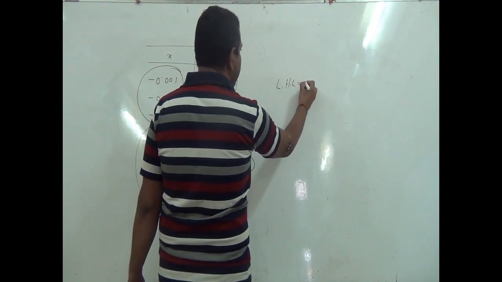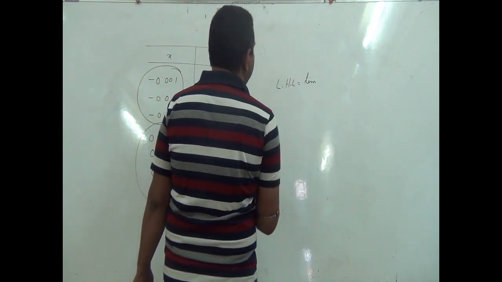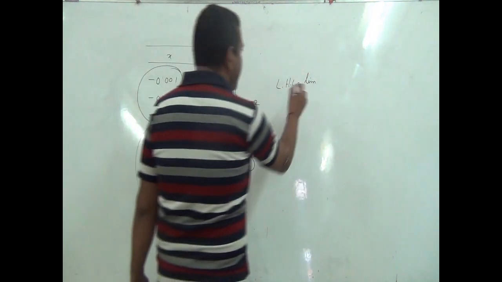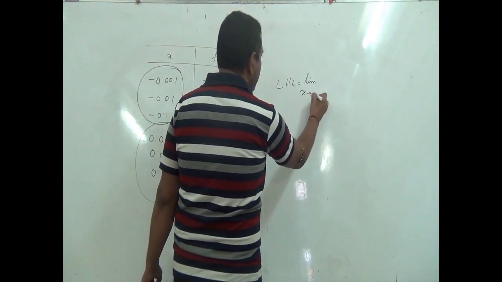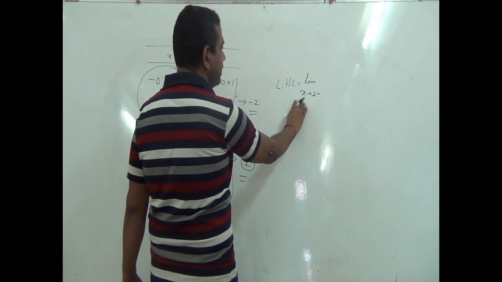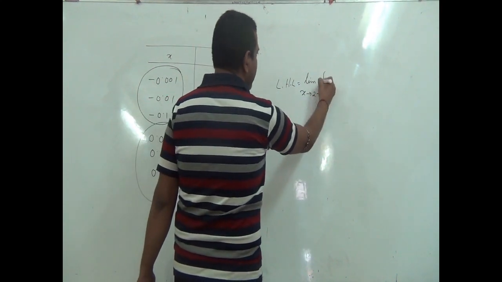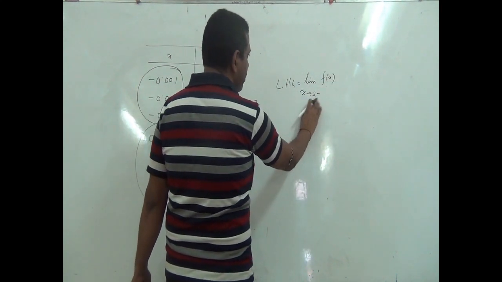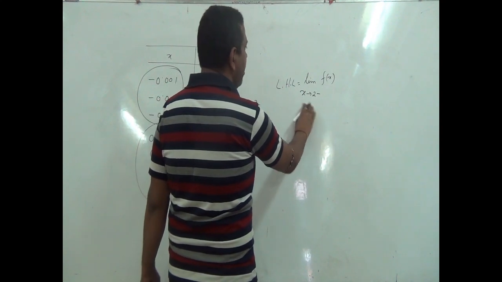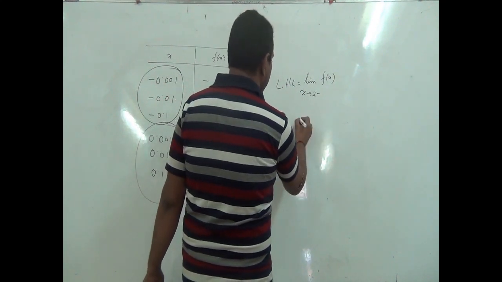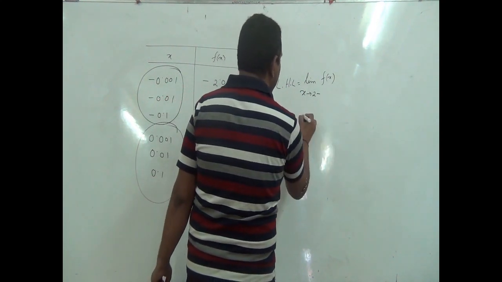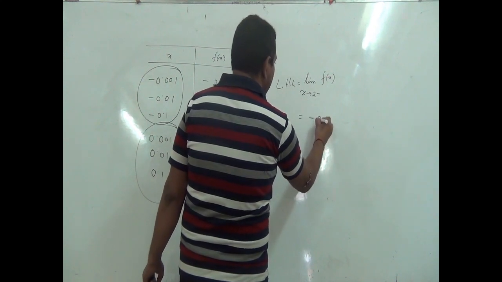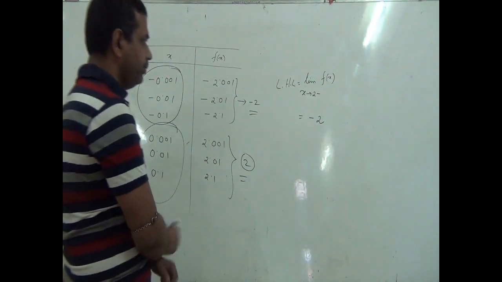One is the left hand limit, that means when x tends to less than 0, we write x tends to 0 minus. Symbolically we write 0 minus, but the actual meaning is when x is less than 0. Then our answer is minus 2.